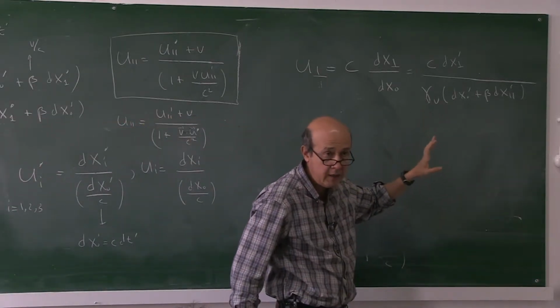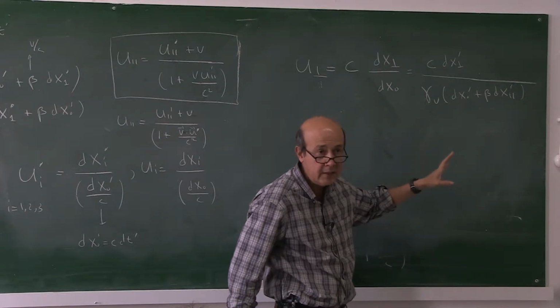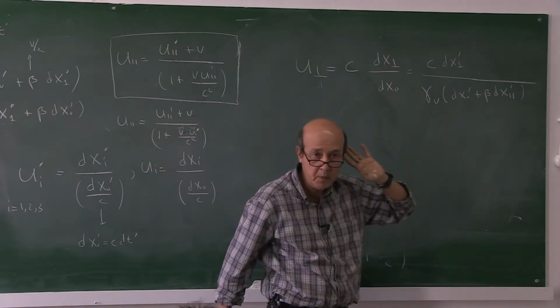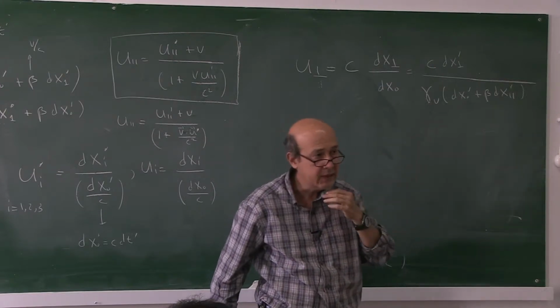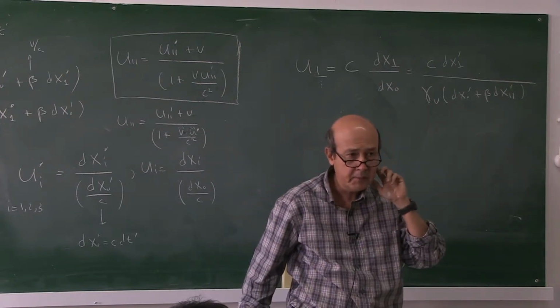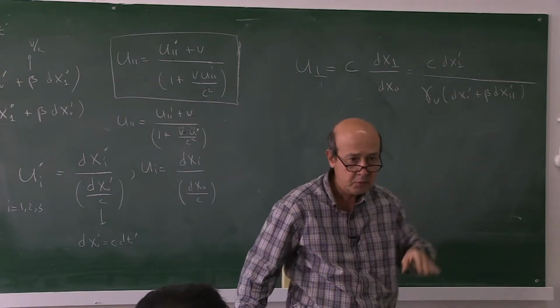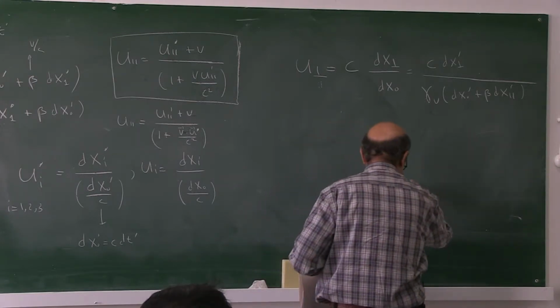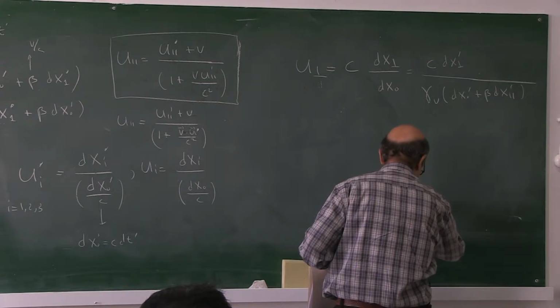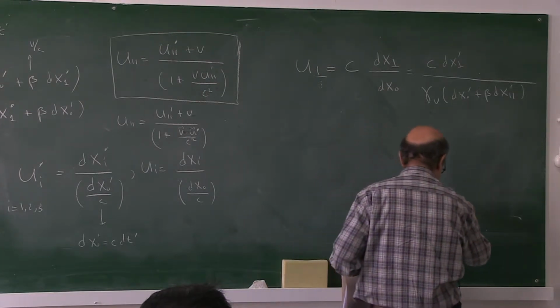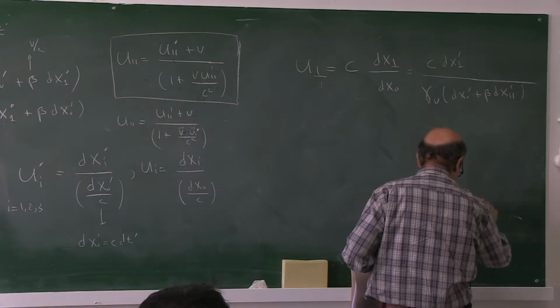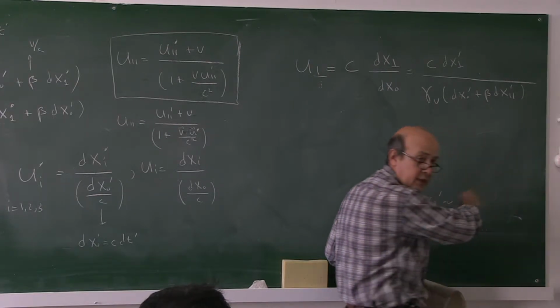If gamma is very high, that means that the perpendicular component of the velocity is almost 0. We see a similar structure if you remember the light rays. Last time I said that tangent theta prime was proportional to 1 over gamma and some stuff there.